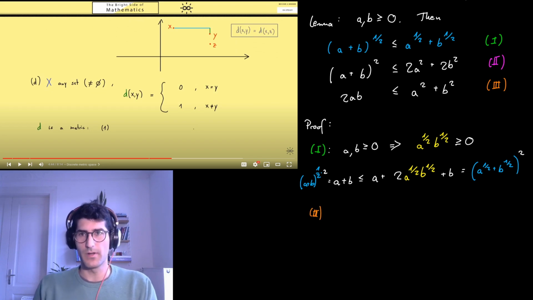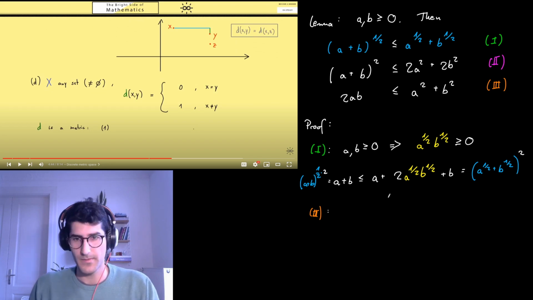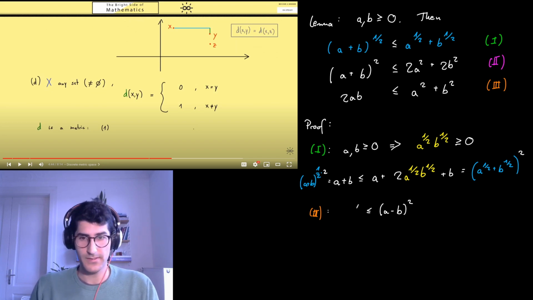Let's do the third inequality first. For this, we use another binomial formula, (a minus b) squared. As it is a square of real numbers, this is greater or equal than 0. On the other hand, the formula tells us this is a squared minus 2ab plus b squared.